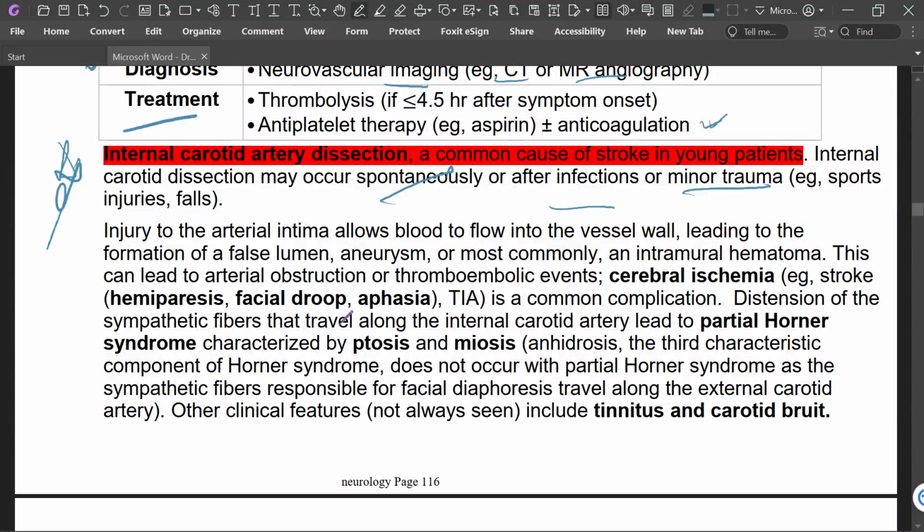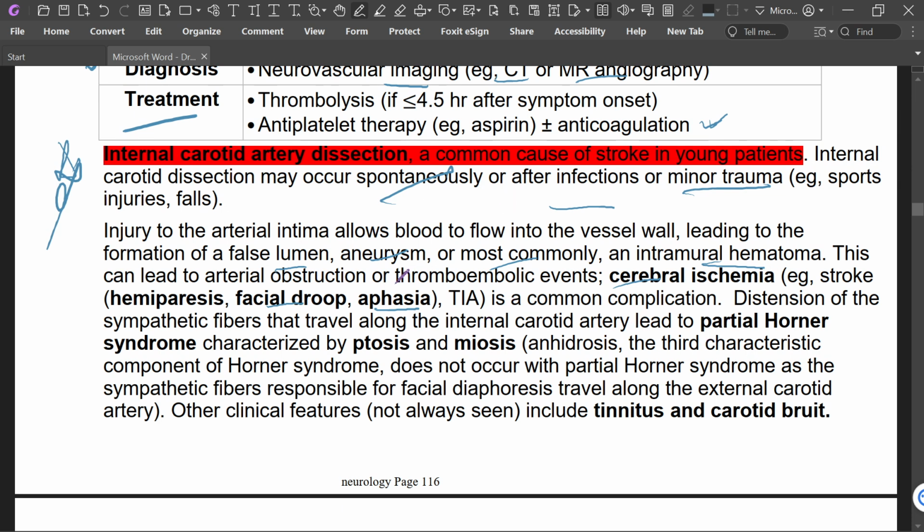Here there is injury to the arterial intima, which allows blood to flow into the vessel wall, leading to formation of a false lumen, most commonly an intramural hematoma. This can lead to arterial obstruction or a thromboembolic event like cerebral ischemia, stroke, hemiparesis, facial drop, aphasia. TIA is a common complication.